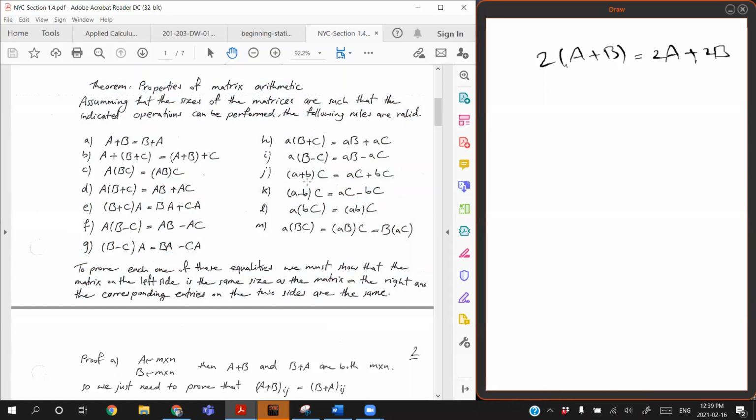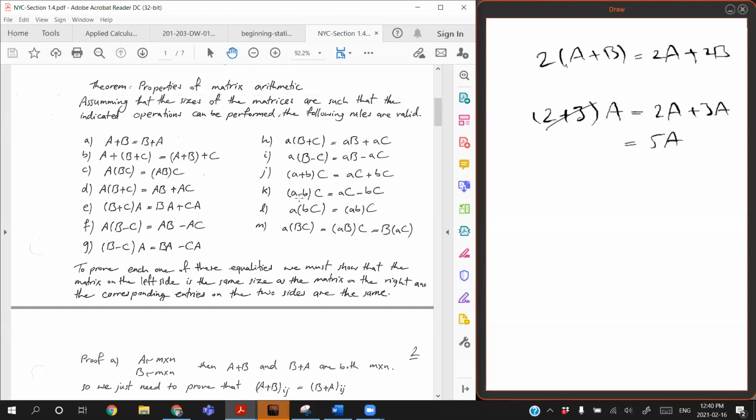Same is true if you have two real numbers, let's say 2 plus 3, you multiply that by the matrix A, you can distribute that. So you get 2A plus 3A. So in a situation like this, you would be able to factor out the A to the left, and you add the 2 and 3, this would simply be 5A.